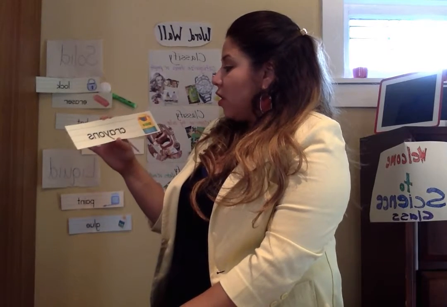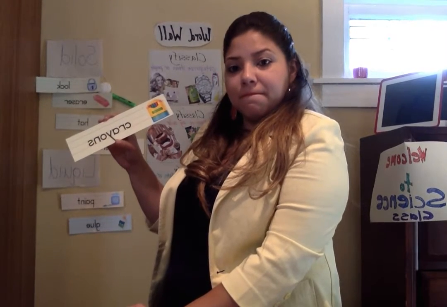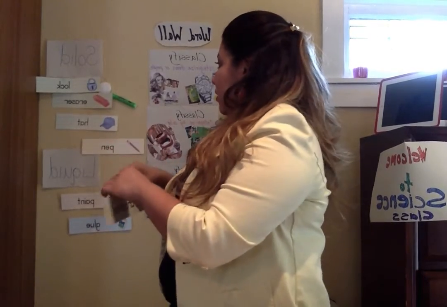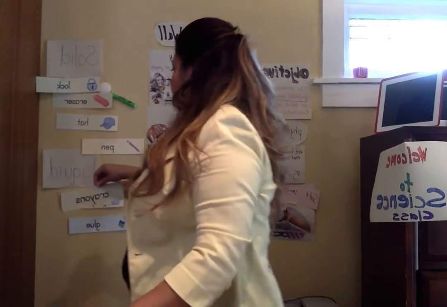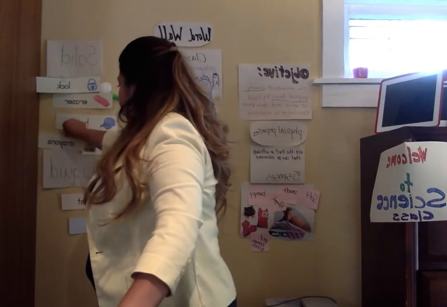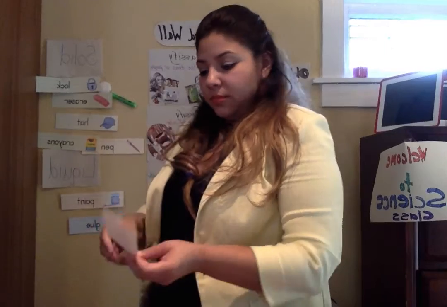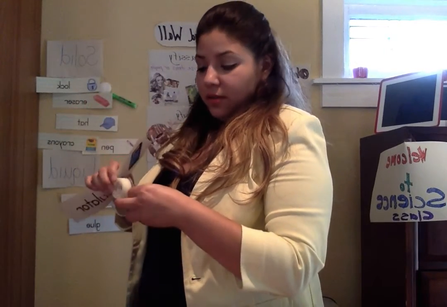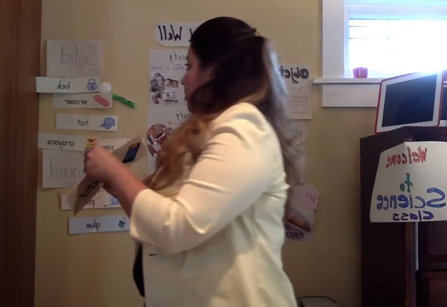It starts off as a solid. And if it melts, it becomes a liquid. Okay. But right now it's a solid. And I can also turn it into a liquid. And this item is a calculator. It is a solid or? It's a solid.